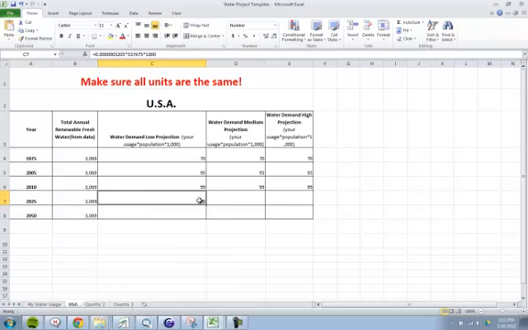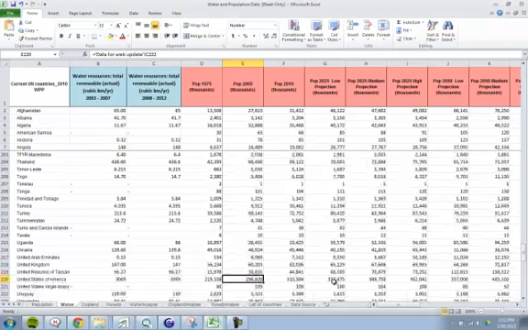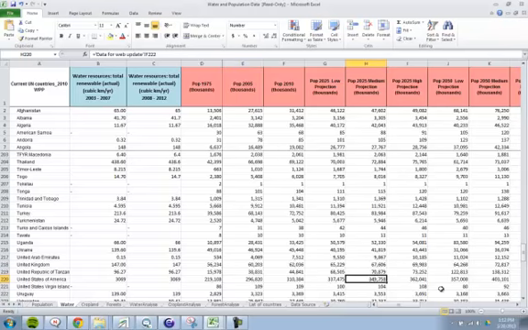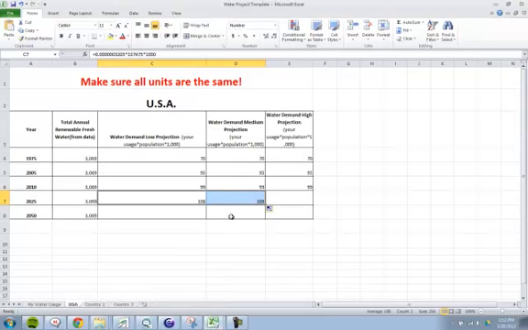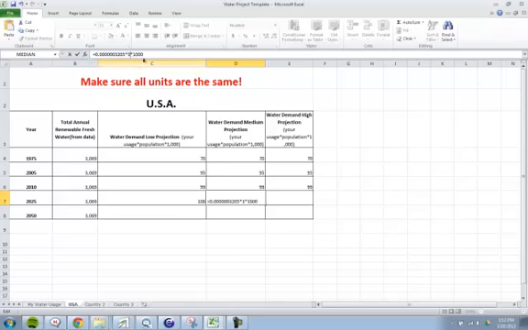But when I drag the formula over, I can't drag it all the way over because that was my low projection. Now I have to look at my data and put in the middle projection in 2025, which is 349,758. So I just have to change that 337 to 349,758 to get my new population there.